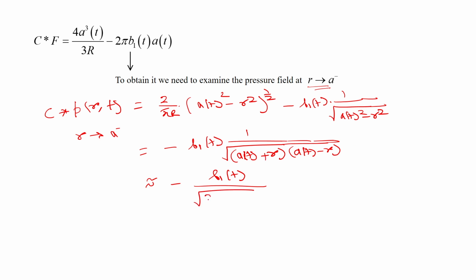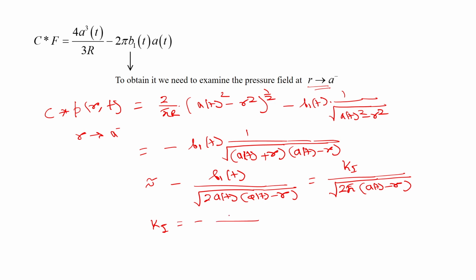So this is square root of 2a t, and a of t minus r, and we write it something like stress intensity factor divided by square root of 2 pi into a t minus r, which is the distance from the crack tip basically. So here, therefore, K I, the stress intensity factor of the mode 1 crack, is equal to minus b1 of t times square root of a of t divided by pi.